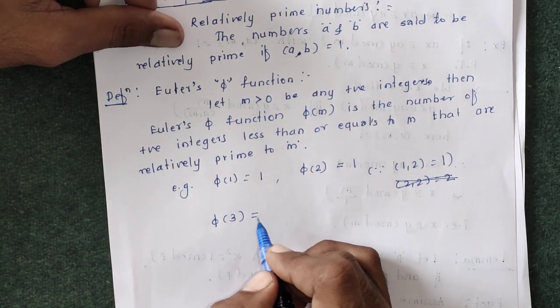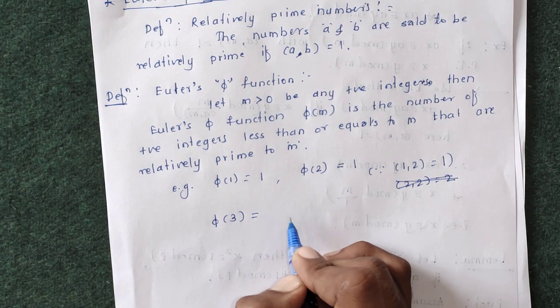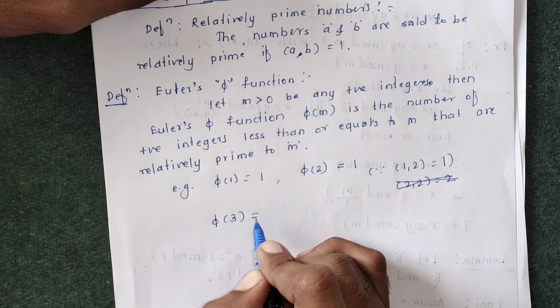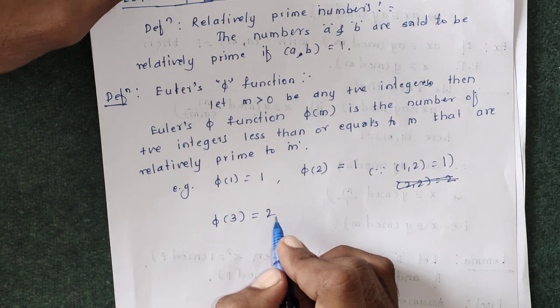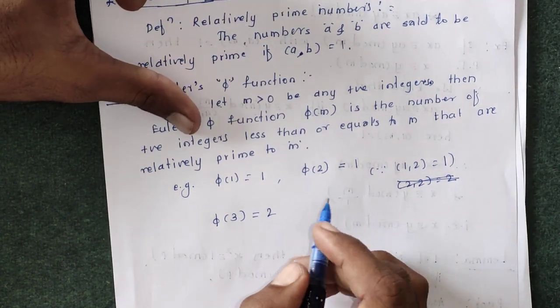So phi of 3: the positive integers less than 3 are 1 and 2. GCD of 1 and 3 is 1. Again GCD of 2 and 3 is 1. So there are 2 integers less than m which are relatively prime to m. So phi of 3 is equal to 2.